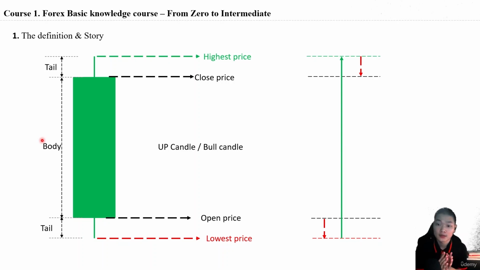And what is the story behind this candle? Let's see the simulation on the right side of the screen. When this candle opens, here is the open price, the price goes down slightly to the lowest price, and then you can see very strong buying pressure pushing the price to the highest price, and at the end of the day the price goes down slightly.